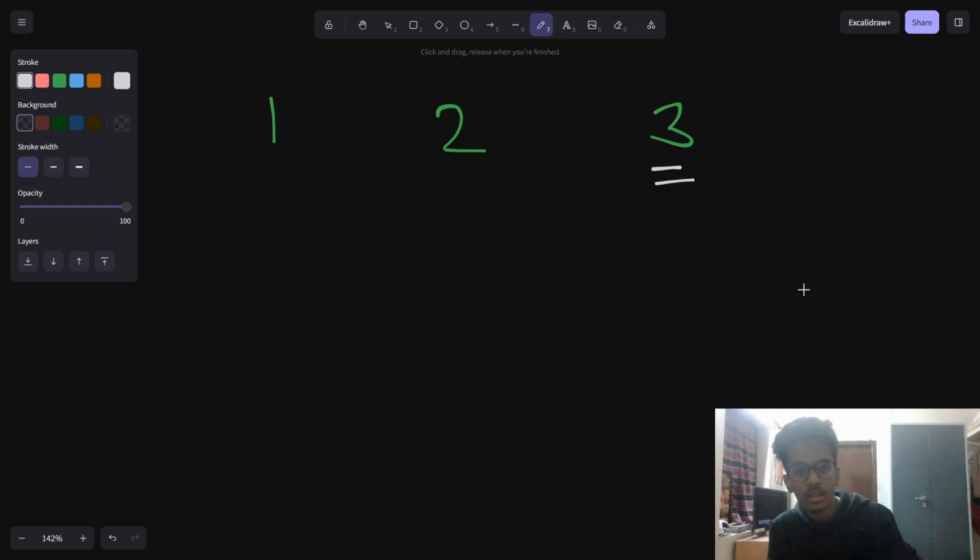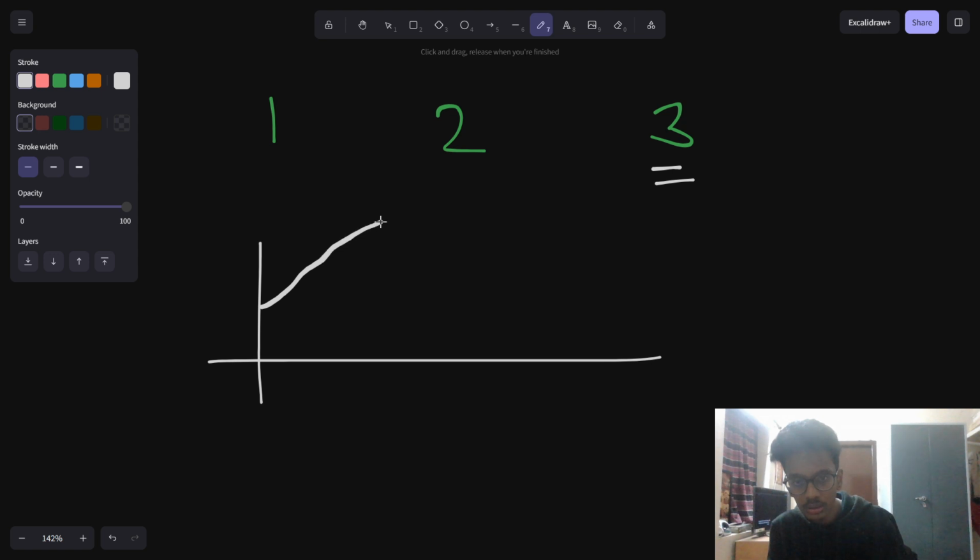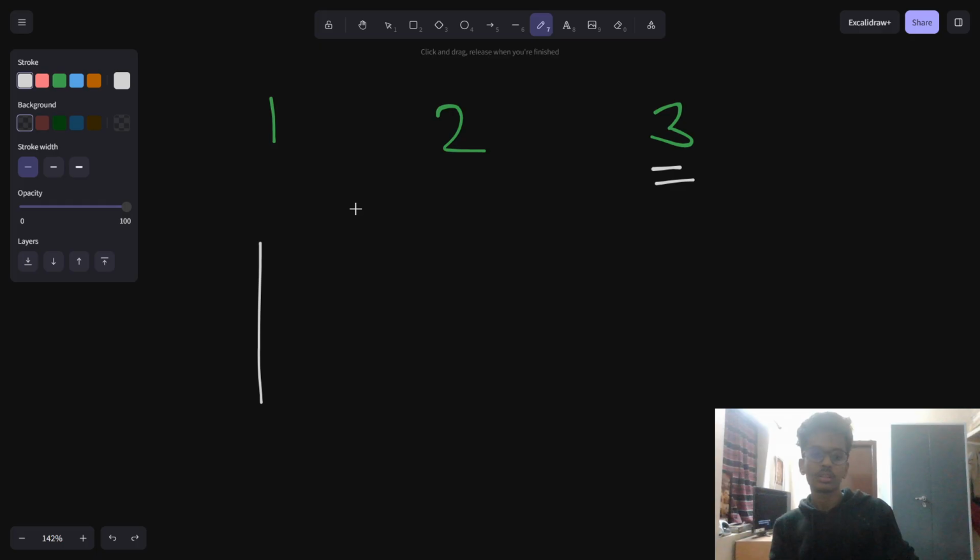If I sketch a graph here, 1, 2, 3, this is the condition. If I further increase this, it would get steeper. That means I shouldn't be incrementing the maximum element. It would cost me more moves.